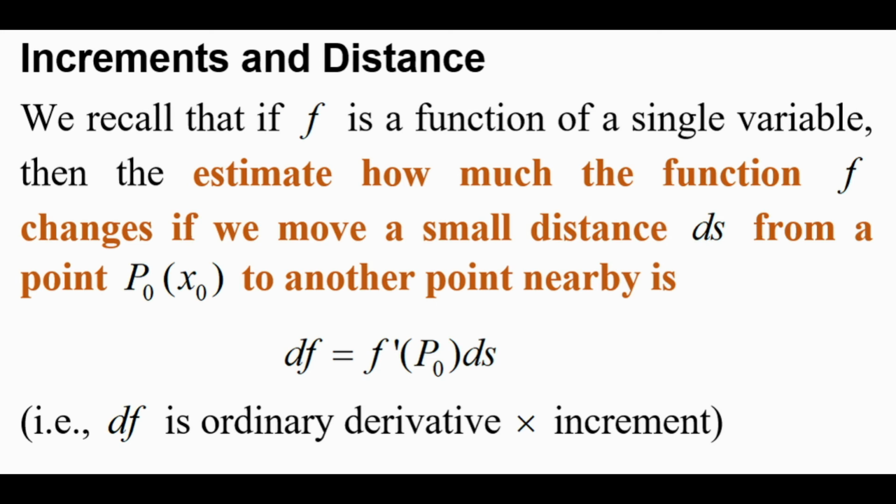The estimate how much the function f changes if we move a small distance ds from the point p naught to another point very near to it is given by df is equal to f prime of p naught times ds, where f prime of p naught is the ordinary derivative of f evaluated at the point p naught. That is, df is ordinary derivative times the increment.